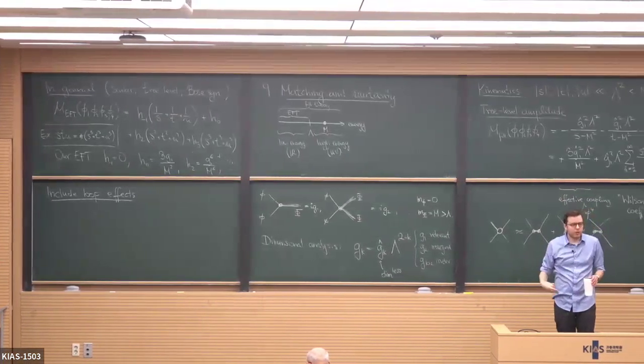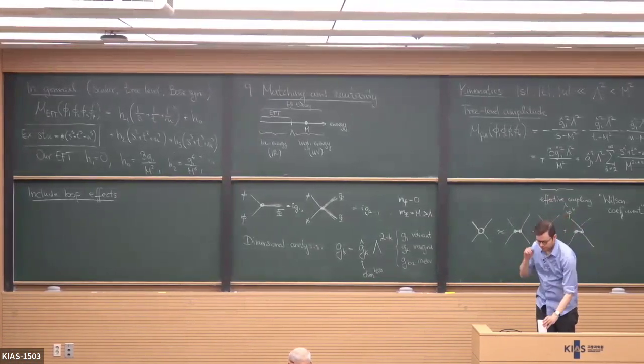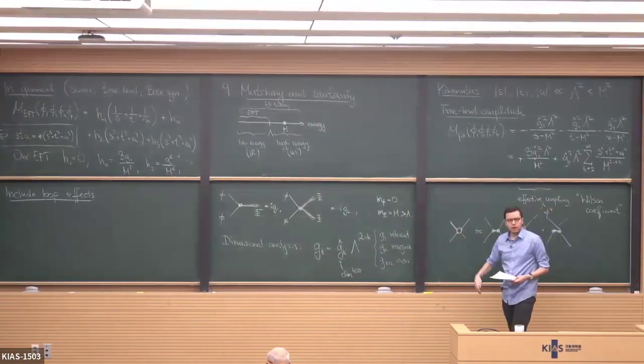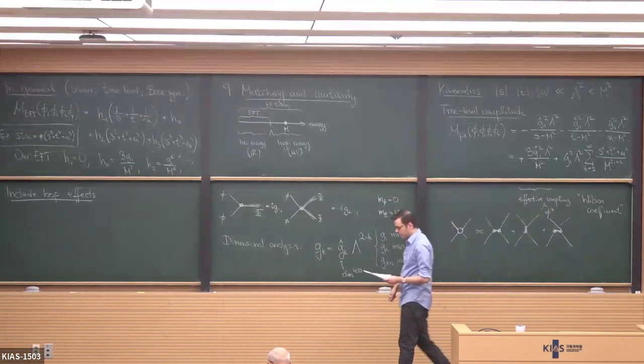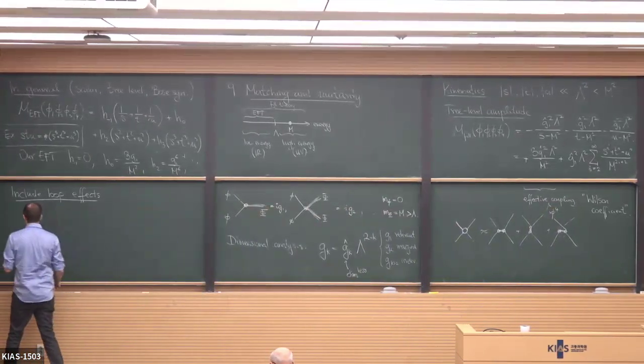And this would certainly work. And this is how we usually do this computation. But what I wanted to convince you of today is that there's a better way of thinking about it. And that better way will be using dispersion relations.